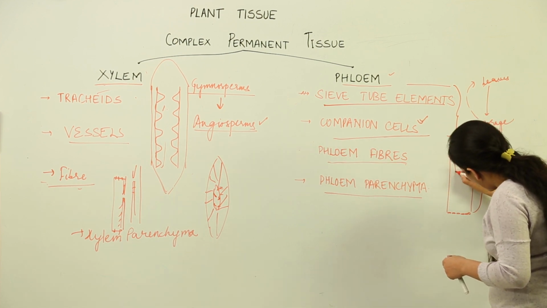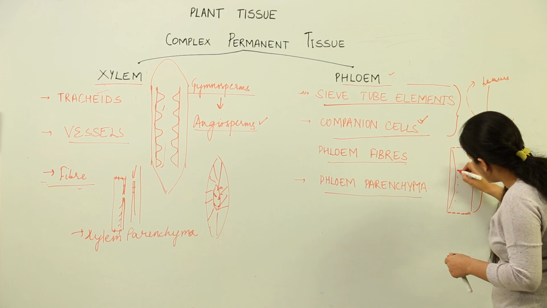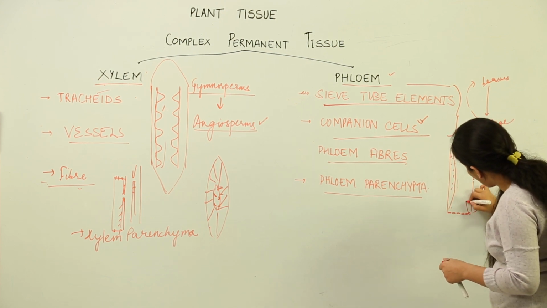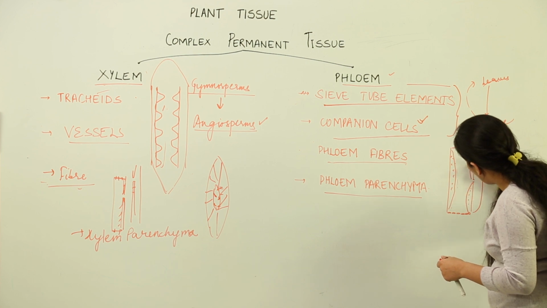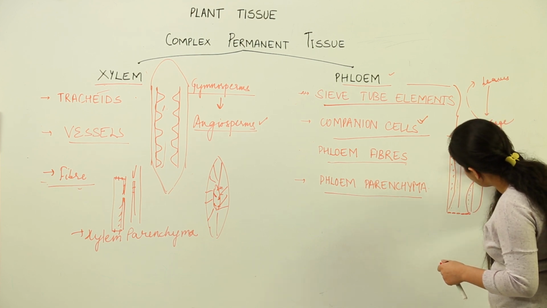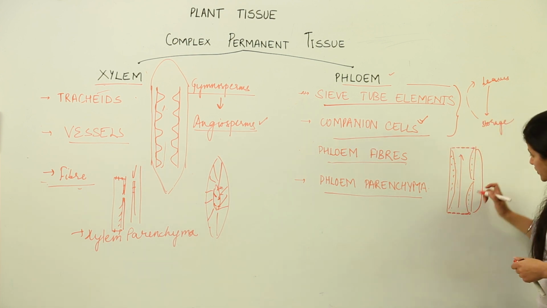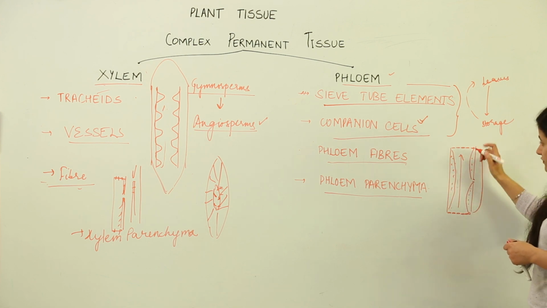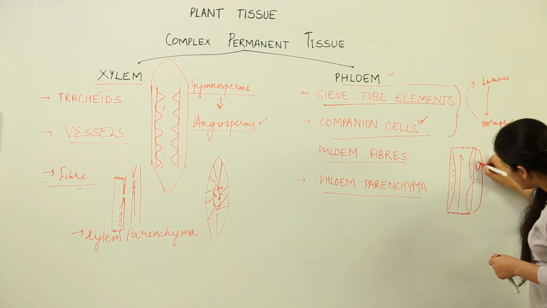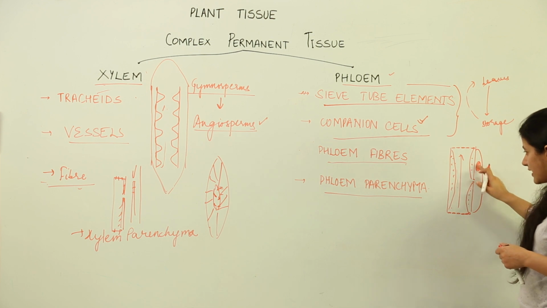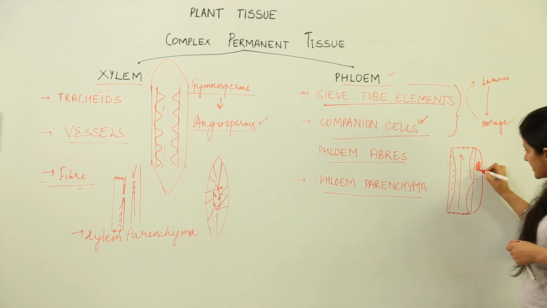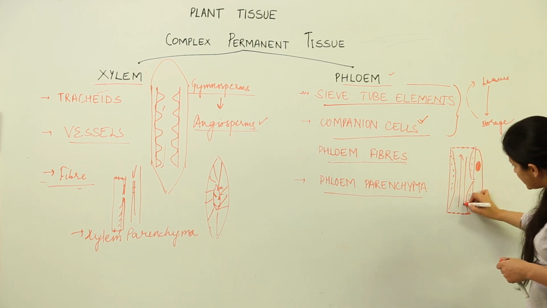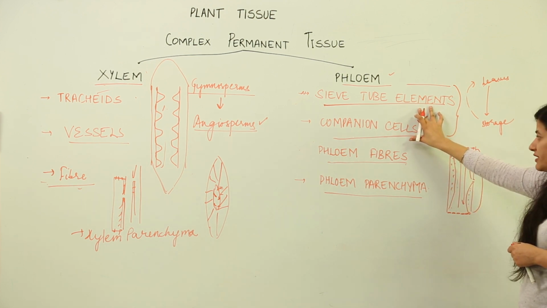Now this sieve tube element would have cytoplasm in it, which would be peripheral cytoplasm like this, and vacuoles can also be present over here, but the maximum part is this, which is empty space for conduction, and this companion cell, which is connected through pits to this sieve tube element, has the nucleus. Now this companion cell's nucleus is somehow governing this cell, and this companion cell is also responsible for maintaining the pressure gradient inside this sieve tube element.